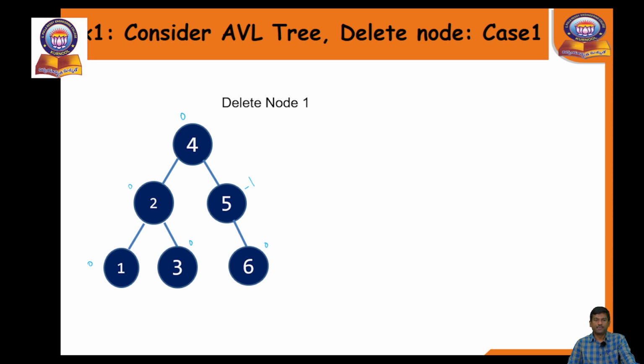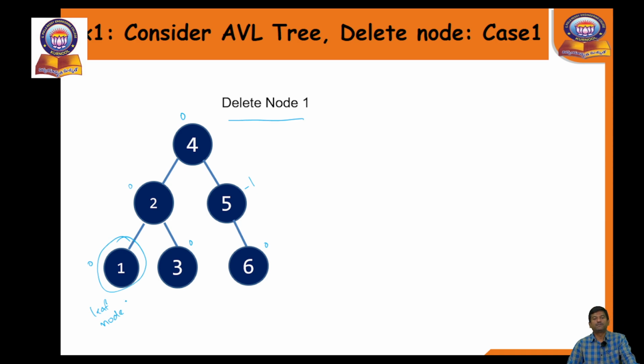According to this example, you need to delete node 1. Observe which case this node belongs to. It belongs to case 1, which is deleting the leaf node. This is your leaf node.